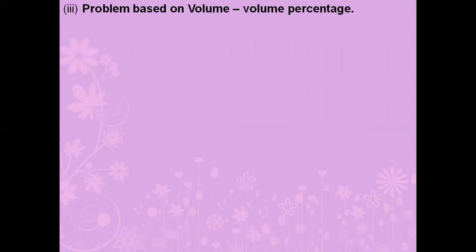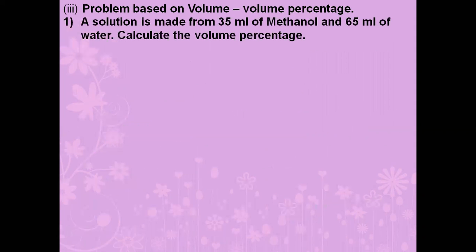This problem is based on the volume to volume percentage. We already know the volume percentage equals volume of the solute divided by volume of the solution into 100. The first question: a solution is made from 35 ml of methanol and 65 ml of water.